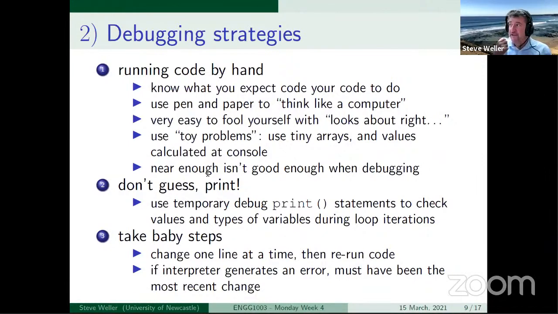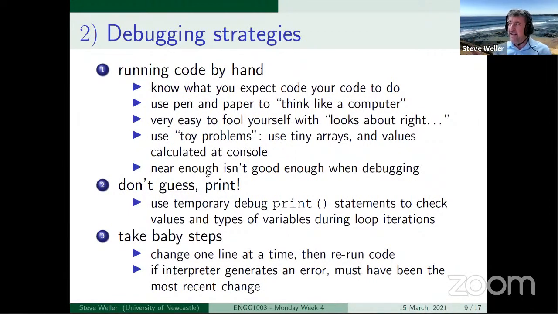That's a really powerful strategy. You've got a program that's 99 lines long and it runs just fine. It might not produce the right results, but it runs. You add line number 100 and all of a sudden the interpreter is giving you an error.